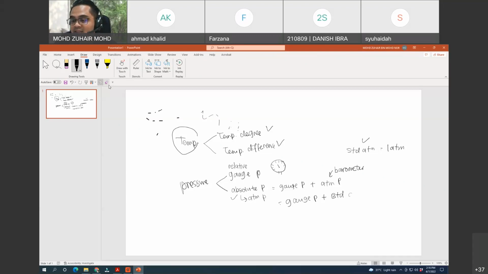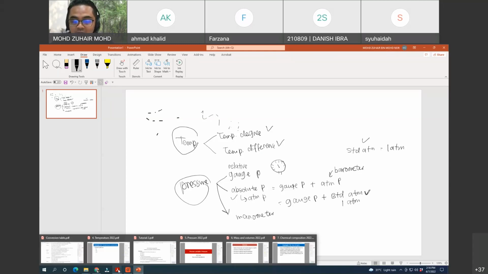In case the question does not provide any info about barometer readings, we can just use 1 atm or 760 millimeters of mercury as the standard atmospheric pressure. We also learned about the manometer. These are the things you learn in the temperature and pressure topics, which we are going to do in the exercise today.